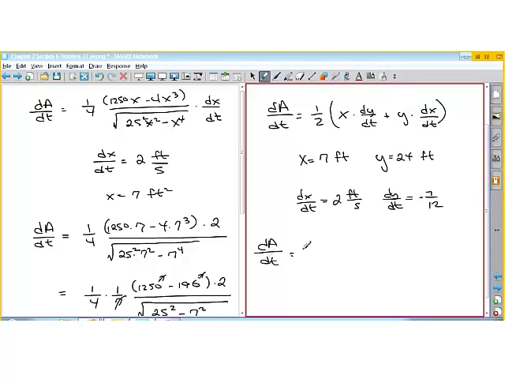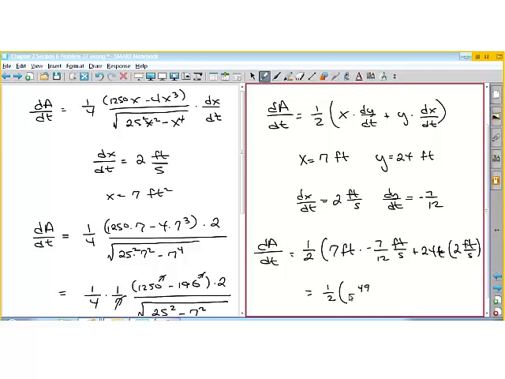Okay, so you get dA/dt is 1/2 x, which is 7 feet, times dy/dt, which is negative 7/12 feet per second. And then you add y, which is 24, and you multiply by dx/dt, which is 2 feet per second. So this was feet times feet per second. You get feet squared per second.